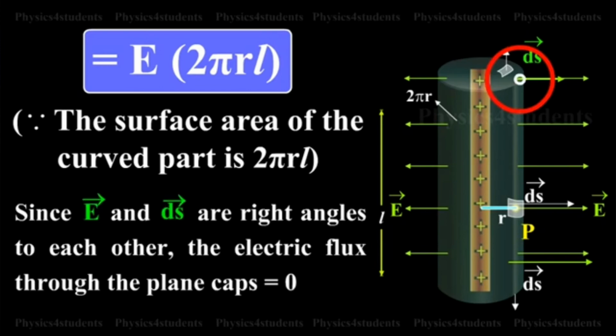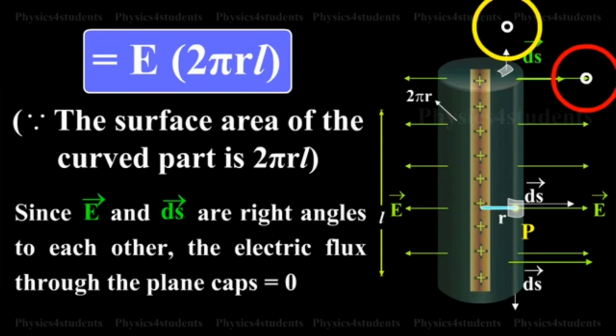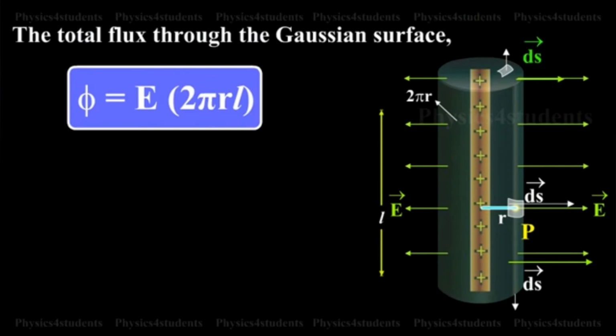Since vector E and vector dS are at right angles to each other, the electric flux through the plane caps is equal to 0. Total flux through the Gaussian surface phi is equal to E into 2 pi RL.